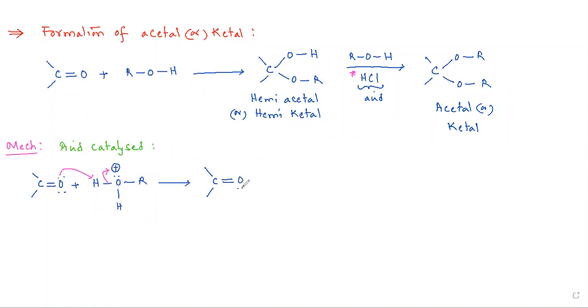You get, along with that, the alcohol. First step is of course the same as what we have seen in the formation of hemiacetal or hemiketal. As and when this attacks, this will go towards the positive charge. Then we get OH and this.